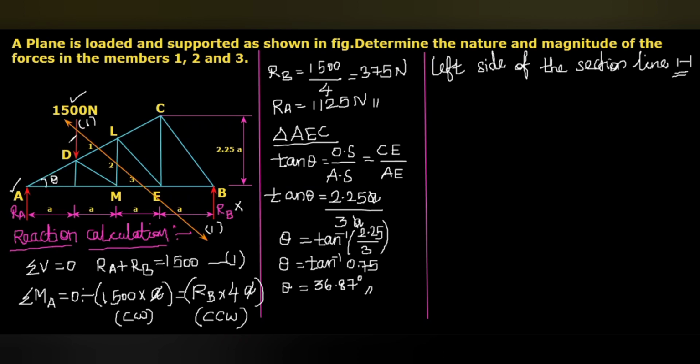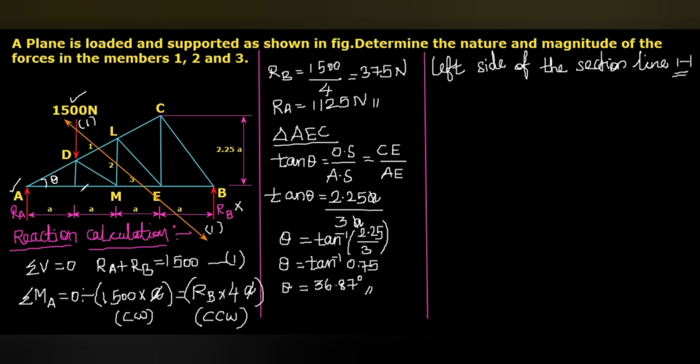So these 2 point loads and the forces in the members through which the section line passes, like 1, 2, 3, that is LD, LM, ME. Forces in these 3 members only we have to consider.